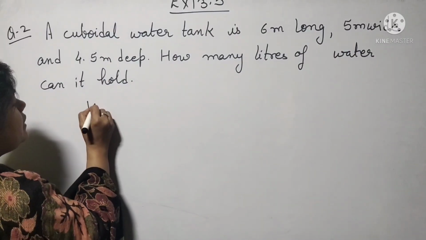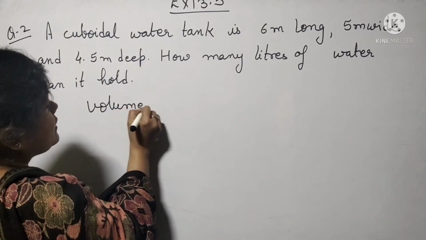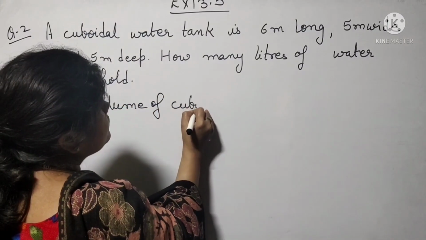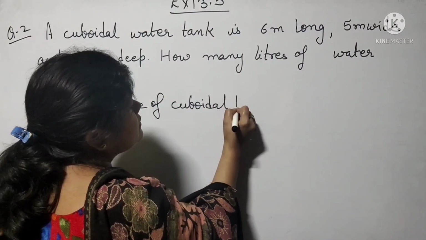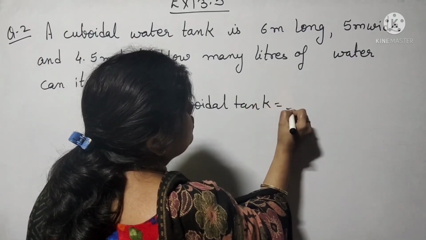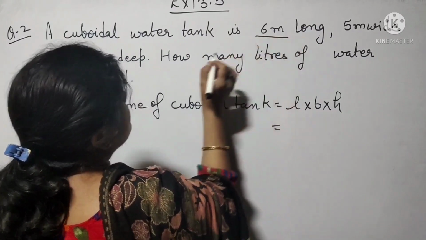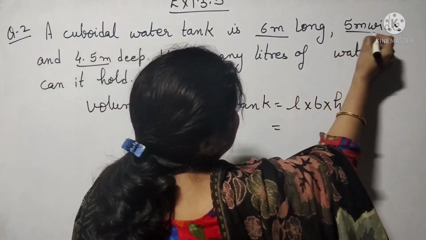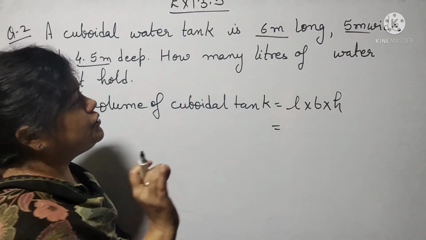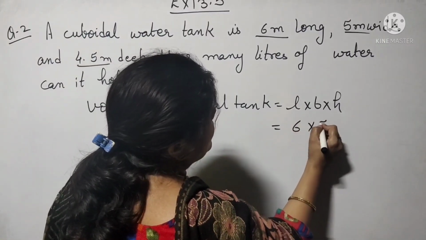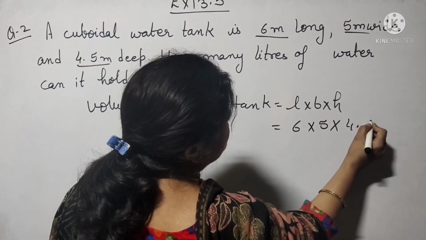Firstly, we find out the volume of the cuboidal tank, which is equal to length into breadth into height. Now length, breadth and height all are given in meters, so there is no problem. 6 into 5 into 4.5.